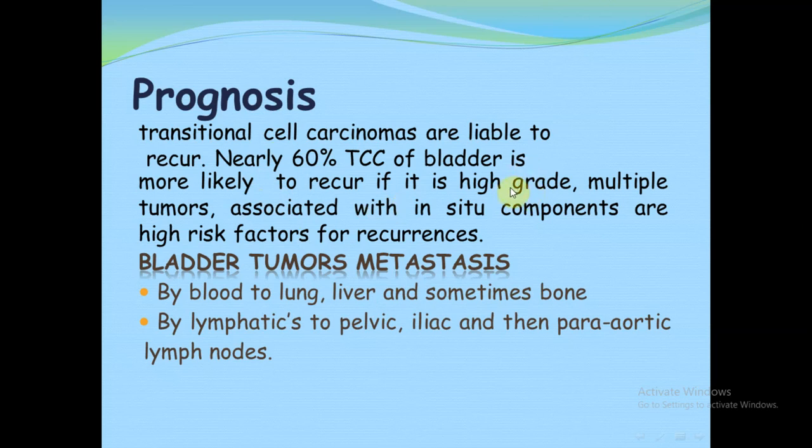Whether it is high grade or low grade is very important to report in the pathology report: is it high grade, is it low grade, and the level of invasion, how far it reaches. All this must be mentioned in the pathology report. Which tumors have a greater tendency for recurrence? High-grade tumors, if there are multiple tumors, and if there is a focus of carcinoma in situ component. Metastasis goes to the lung, liver, and bone. Lymphatic spread goes to the pelvic, iliac, and para-aortic lymph nodes.